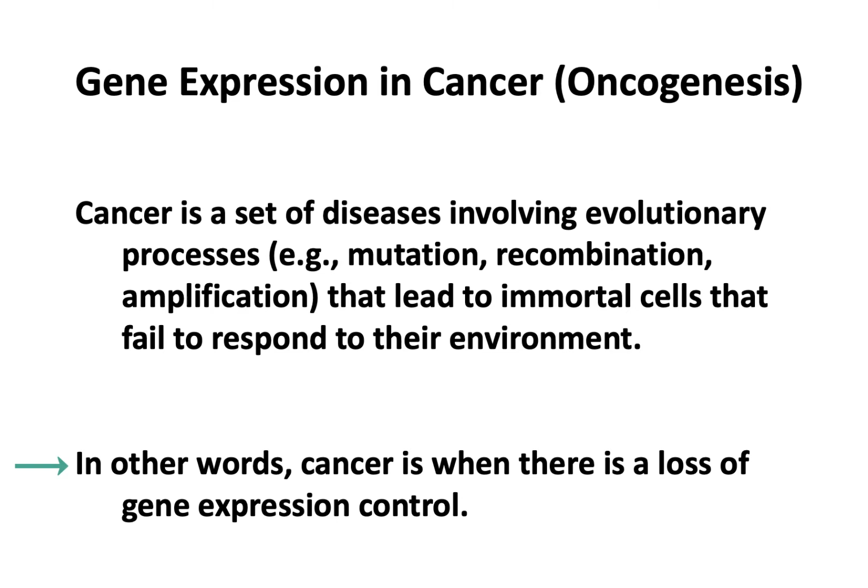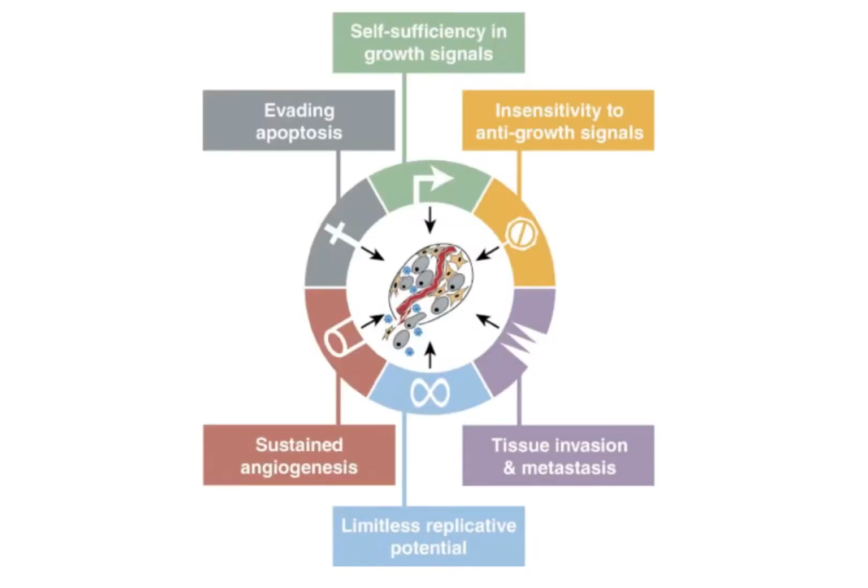So this is a simple diagram of some of those processes that are interrupted in oncogenesis, or the development of cancer. The first is evading apoptosis, that is programmed cell death. So the cells become more or less immortal.